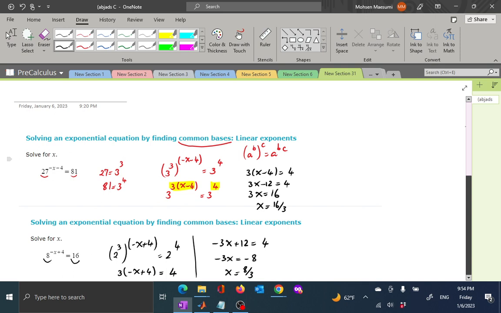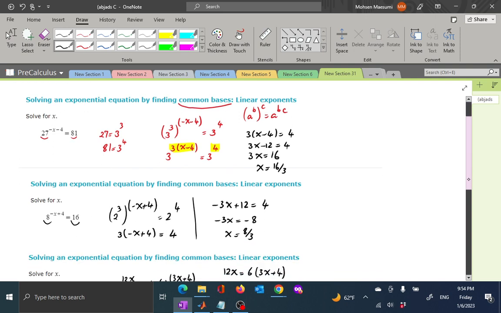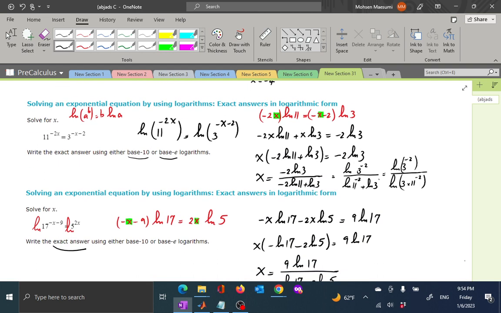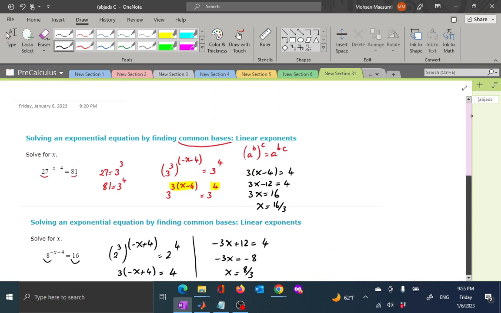We write both sides to the same base, multiply the exponents, and set the exponents equal and solve the resulting equation. Sometimes we don't have a common base, in which case we just apply the logarithm and proceed. Of course, this method could have been applied here as well, but in these problems the expectation is that you give a rational answer at the end.